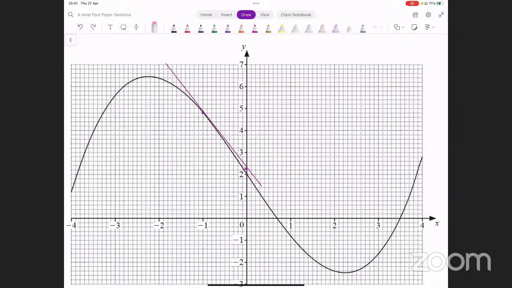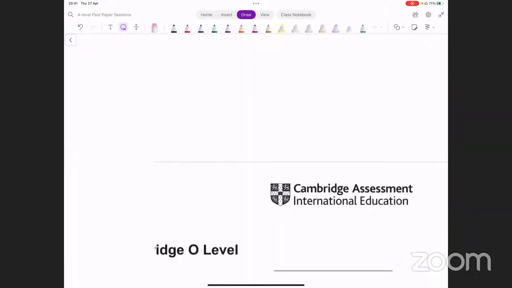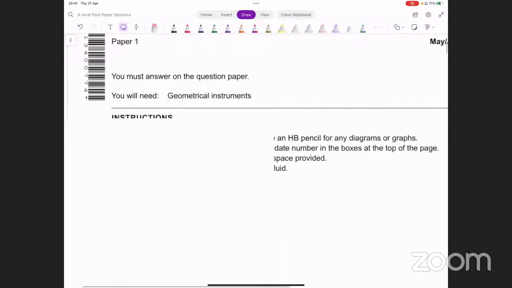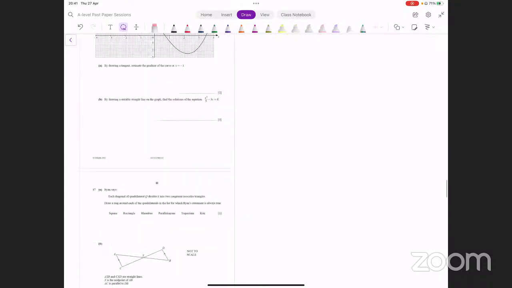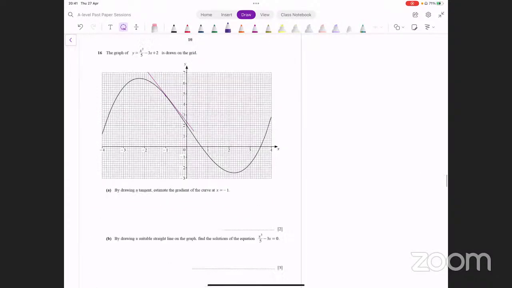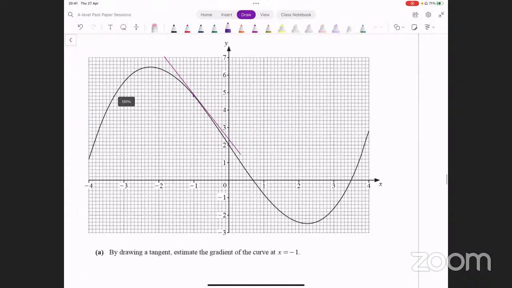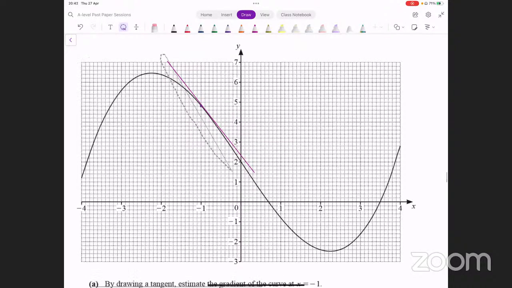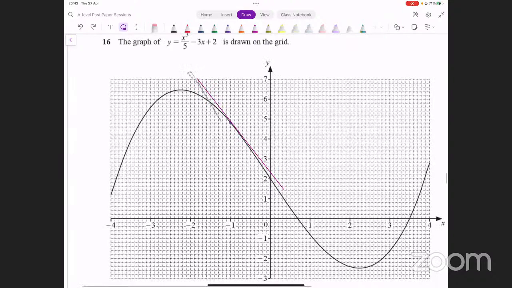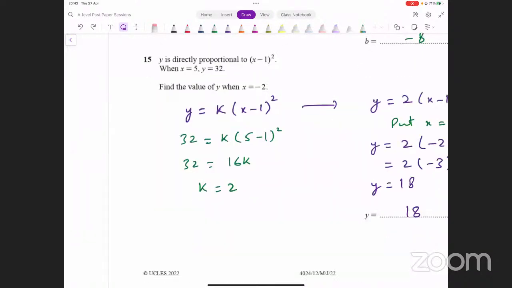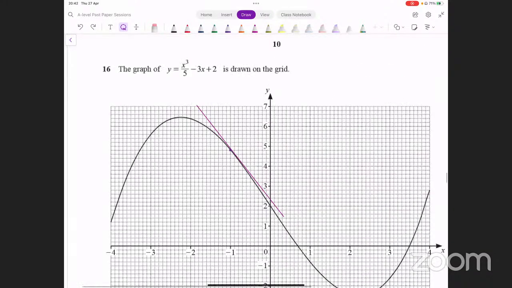इसको थोड़ा सा मैं इस तरह से tilt कर देता हूँ. Okay, sorry about that. Okay, just tilt it a bit. No, it doesn't work like that. नहीं.